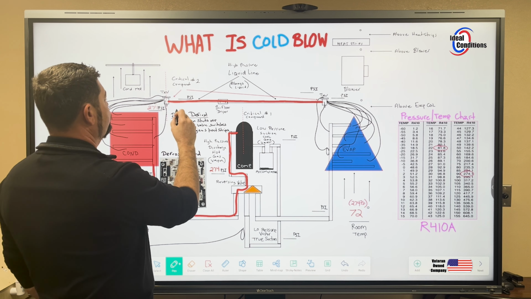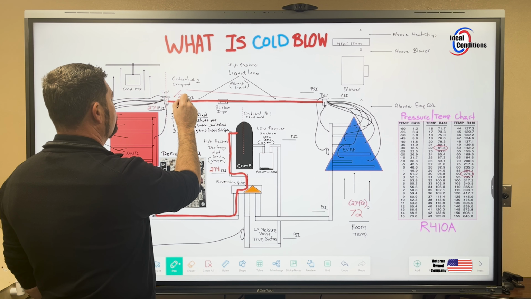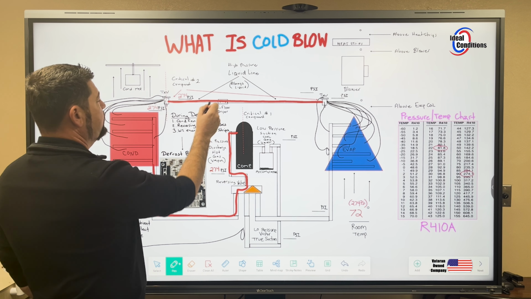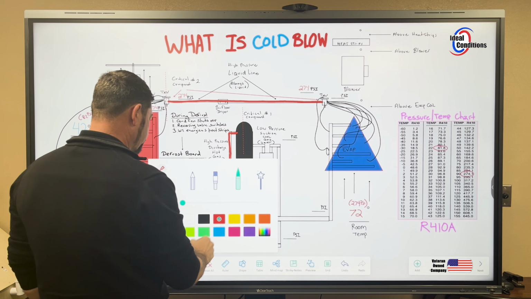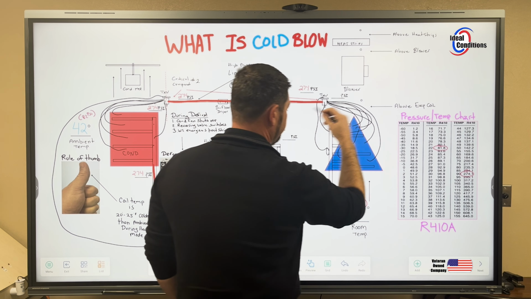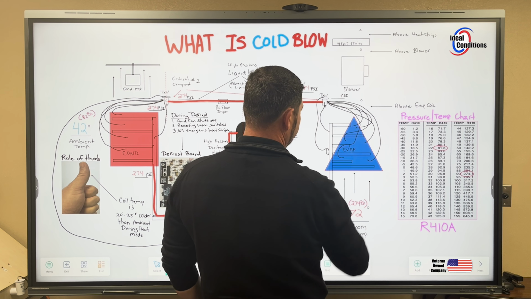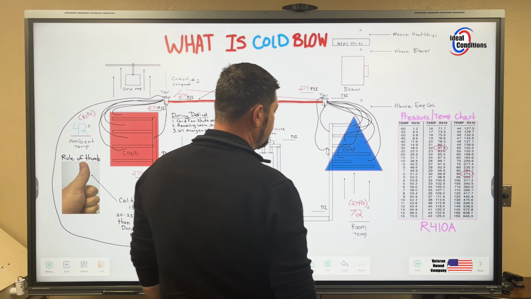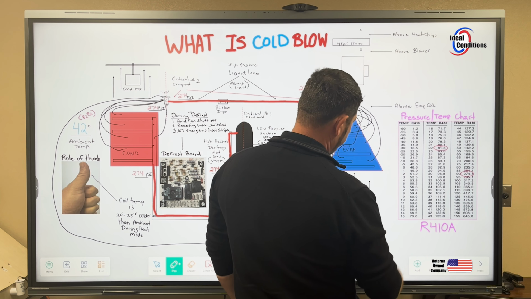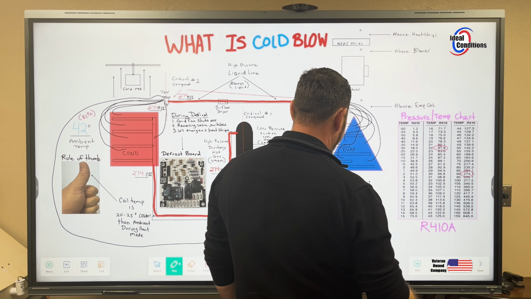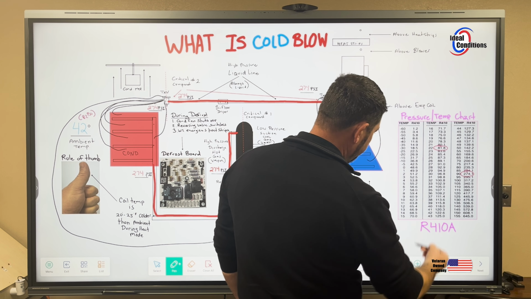There is no pressure drop now, so I have 274 again on the other side of my expansion valve. That means I have 274 here, and then my pressure drop would be roughly right around in this area here, which if I have 72 going across it, minus 20, that's going to be right around 52.